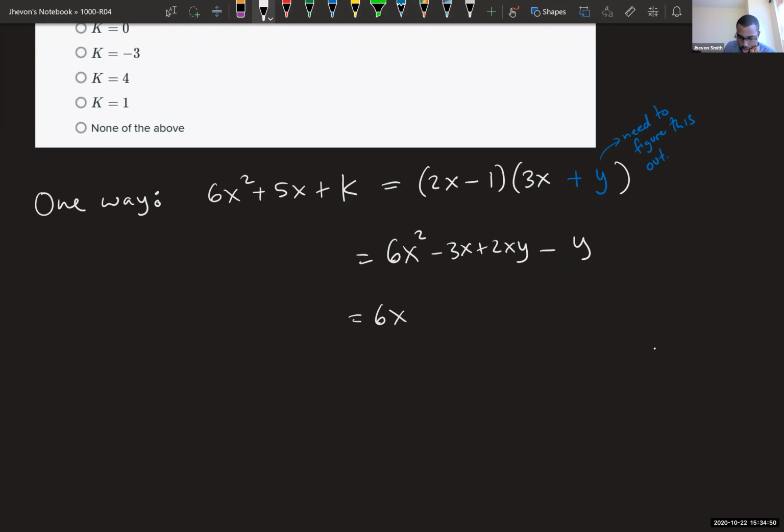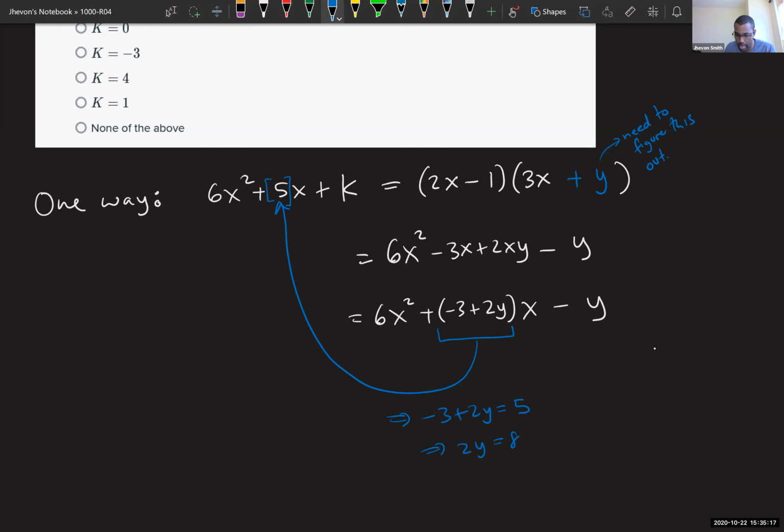How can we do this? Well, if I factor out an x, notice that this must be equal to 5, because that's the coefficient of x. So this tells me that minus 3 plus 2y must be equal to 5, so that my 2y must be equal to 8, so that my y must be equal to 4.